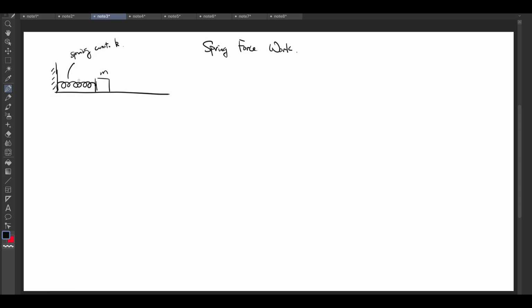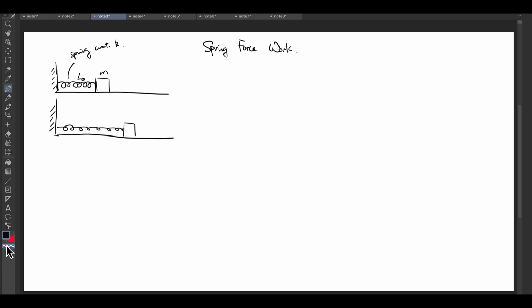Let's say right now the length of the spring is the original length of the spring. Let's call it L naught. Now when I pull this spring to this new position, the spring is stretched, and there will be a force generated by the spring acting on the mass m. So think about that force.